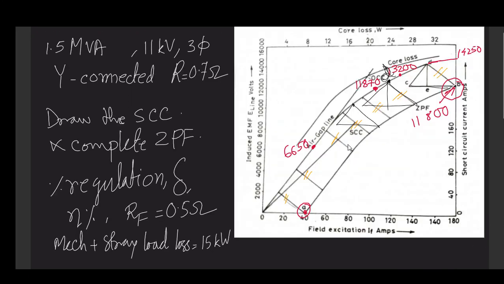For that we refer to this scale diagram. So for this 12300 volt, you will get, somewhere here.